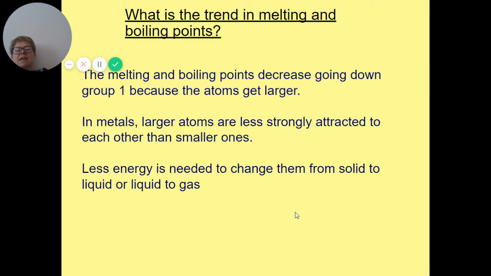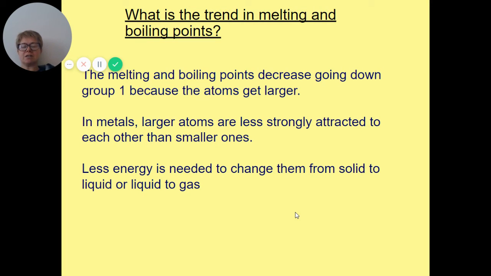And that means that when we heat the metals up, let's say we're heating a metal and trying to melt it, what we're doing is giving the atoms more energy. The atoms start to move more, and gradually the bonds between the atoms weaken, and the atoms are able to move around each other.